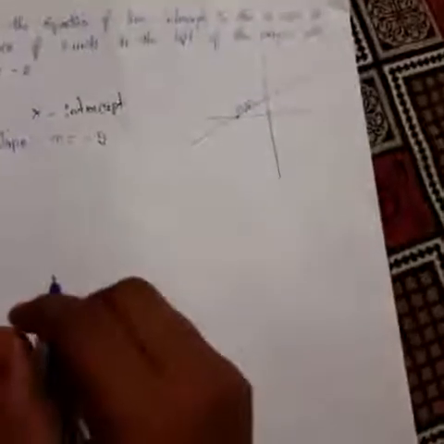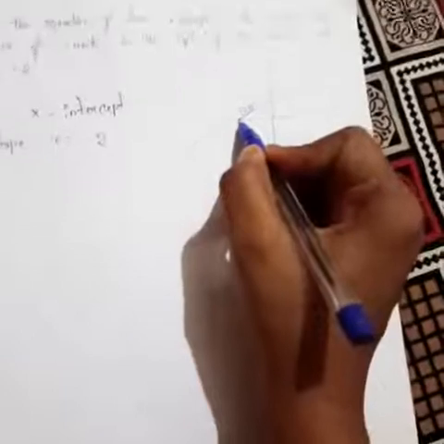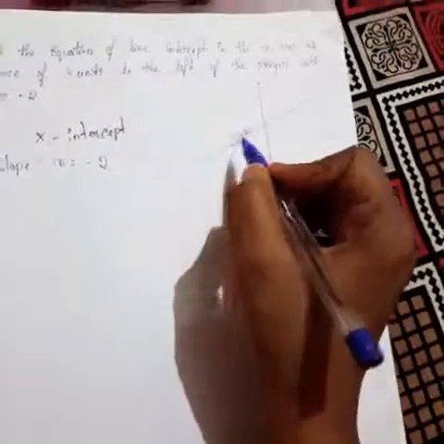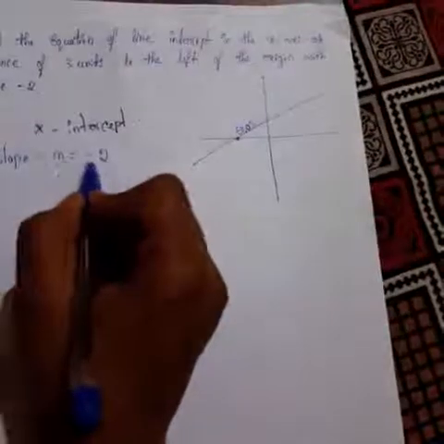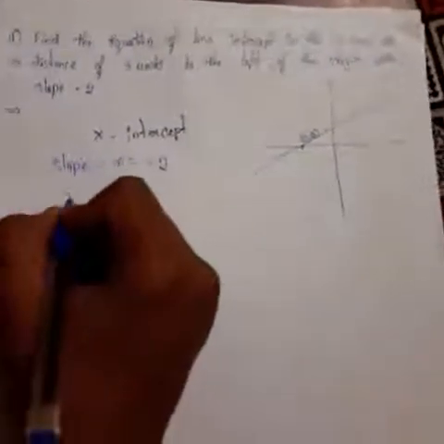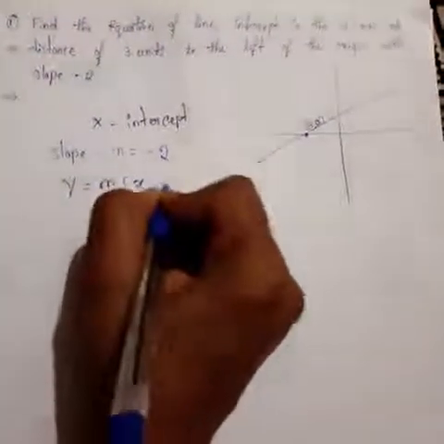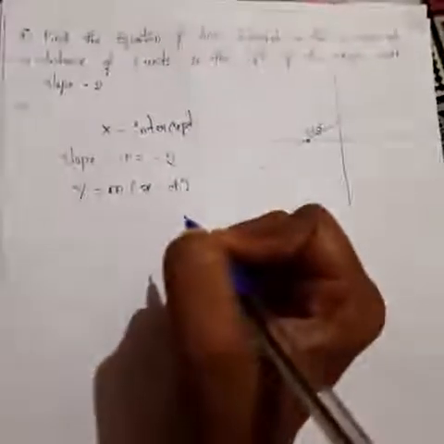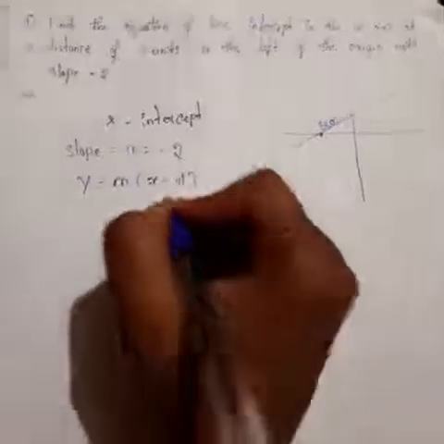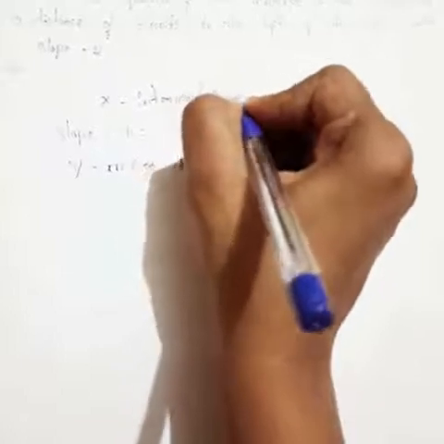You all learned this in slope intercept form. The line passes through only one point, (-3, 0), and we are given m equal to -2. Then we have to use y equals m times (x minus d), where d is the x-intercept.